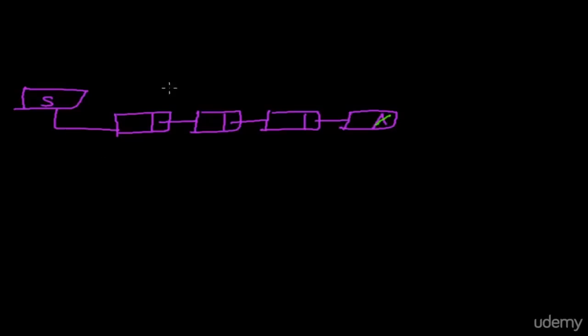Now say this is a linked list with nodes numbered 0, 1, 2 and 3, and node 3's link part is null. We want to insert a new node here. So what we will do, we will take a temp node and copy the address of the second node, but this address is present in the link part of the first node. So we will copy the link part of the previous node, that is the first node, into the link part of the temp node.